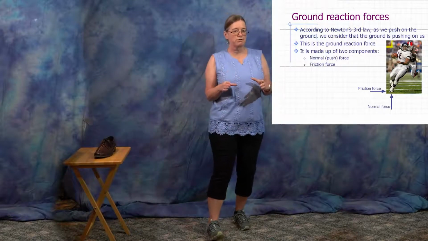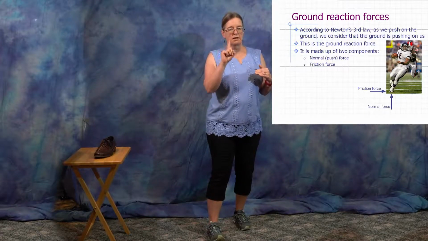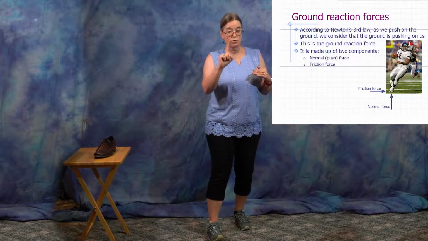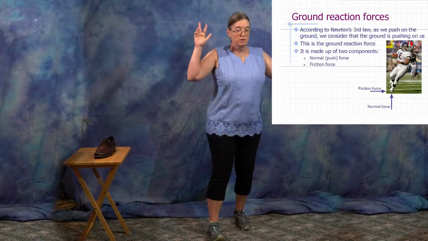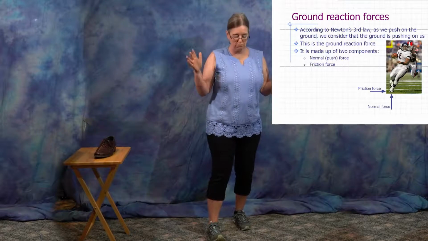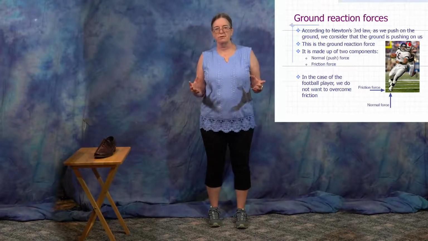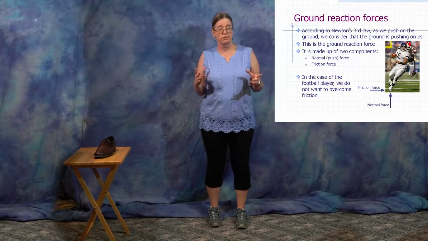So all ground reaction forces have 2 components, one that is perpendicular to the surface, which we call the push force, and one that is along the surface, which is created by friction. And often in a lot of sports, we don't want to overcome friction.